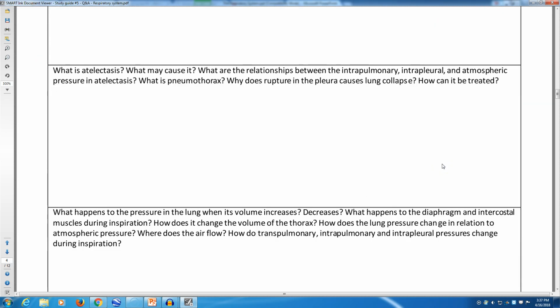Atelectasis, what can cause it? There are two major things that we talked about. So, air in the pleural cavity. Now, can you explain to me the mechanism, how it works? Yes. Well, go ahead. Think it through.